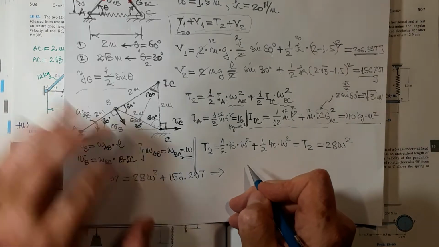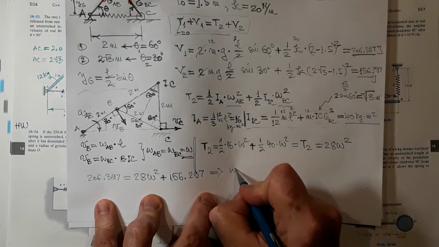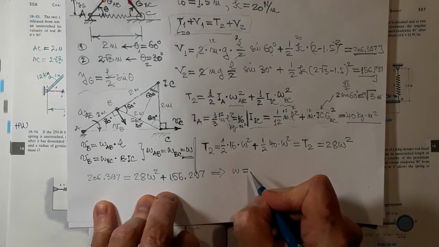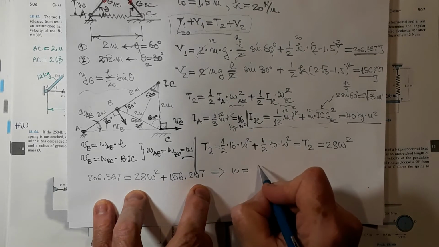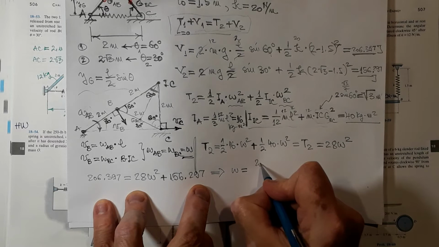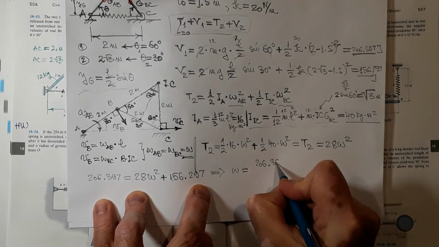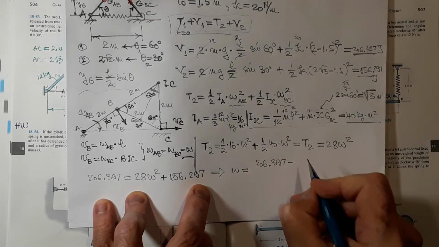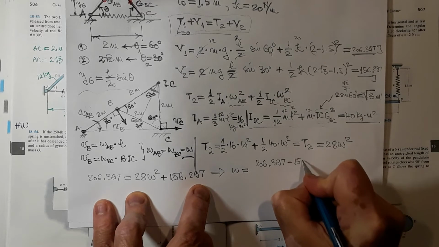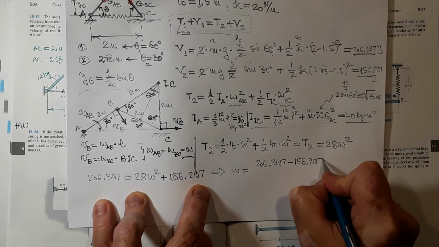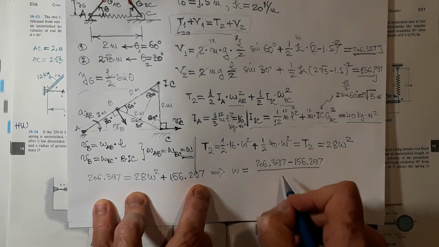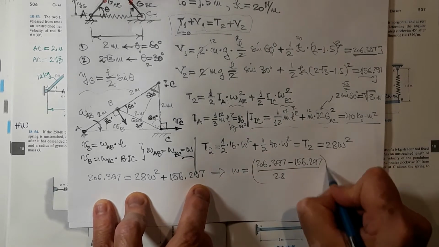Okay, so from this we get omega equals, square root or power 1 over 2, so it's 206.397 minus 156.297 over 28, that's power 1 over 2.